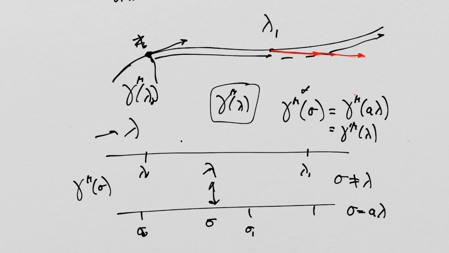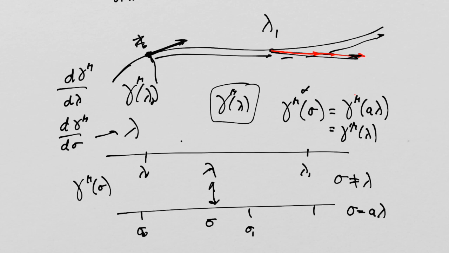And once the curve is reparameterized, you move along the curve at a different rate relative to the parameter, which means that d gamma mu d lambda is different than d gamma mu d sigma. And these tangent vectors will all change.